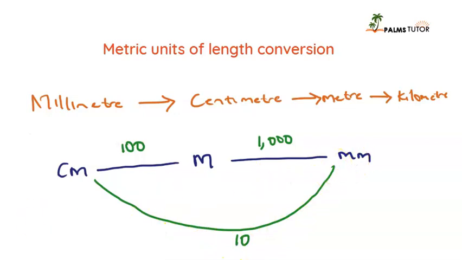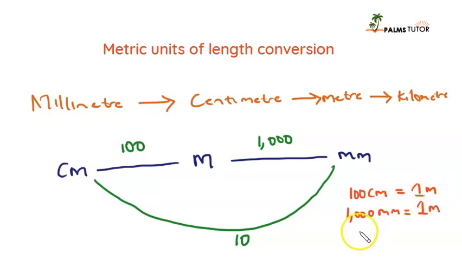And as such, we can now interpret this, and that's why you have things like 100 centimeters equals 1 meter, and 1,000 millimeters equals 1 meter. You see that pattern? Because these ones are smaller, we need more of them to equal 1 meter.